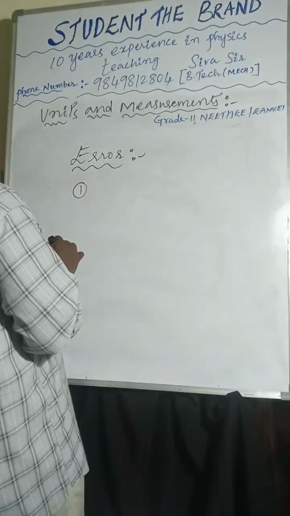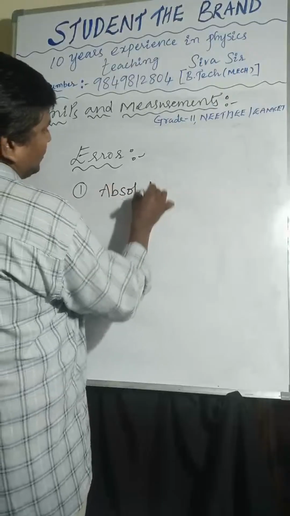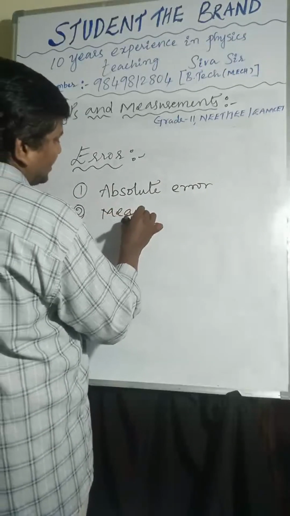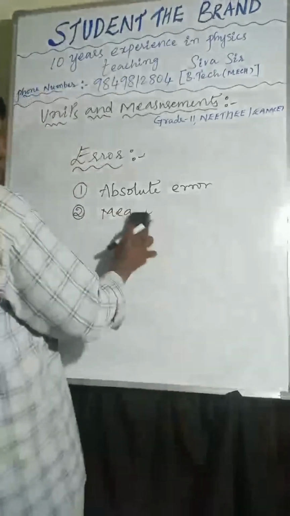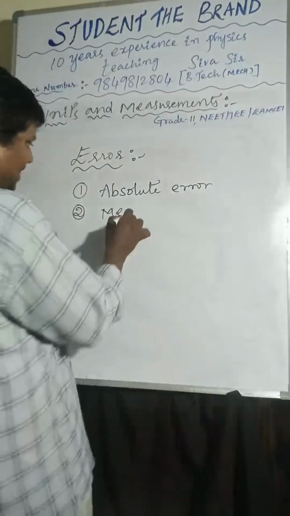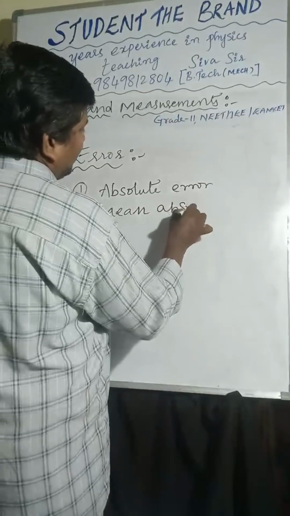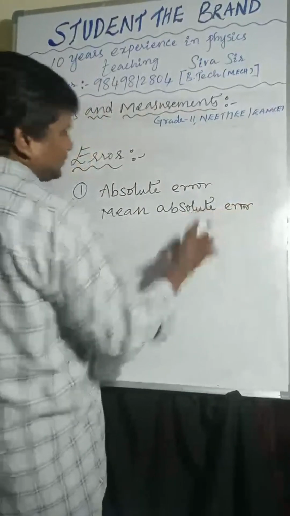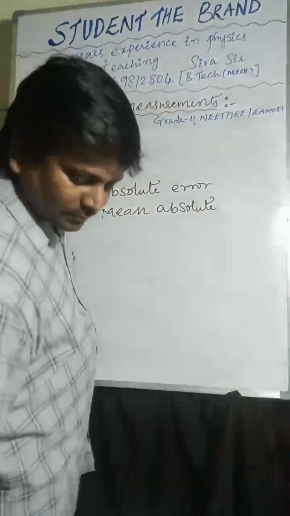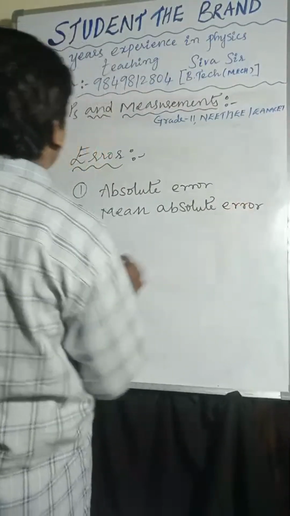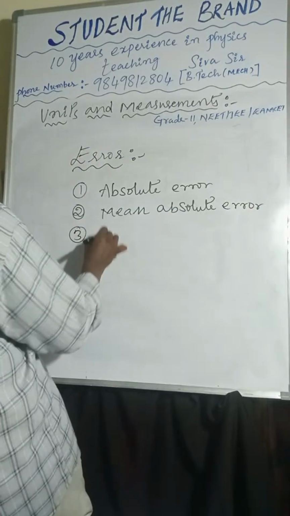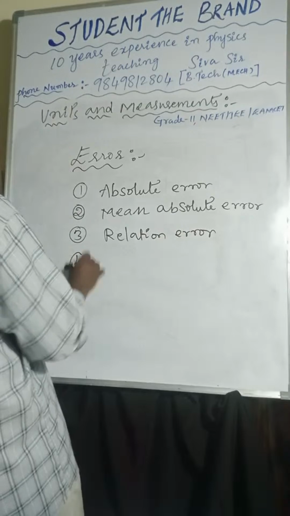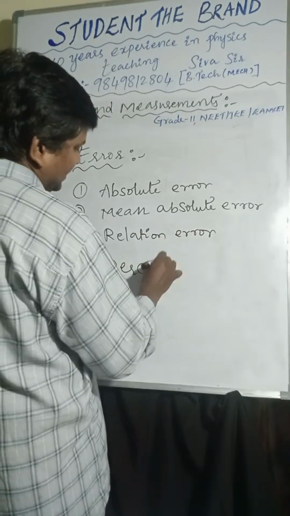One is absolute error, the second one is mean absolute error, the third one is relative error, and the fourth one is percentage error.